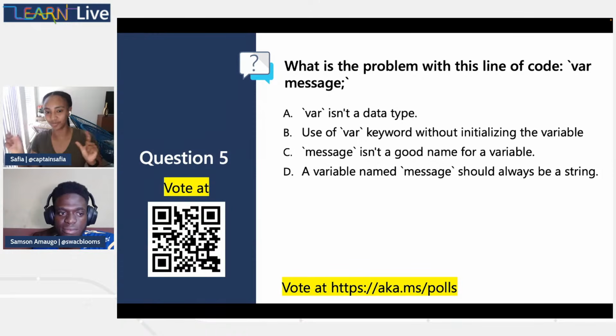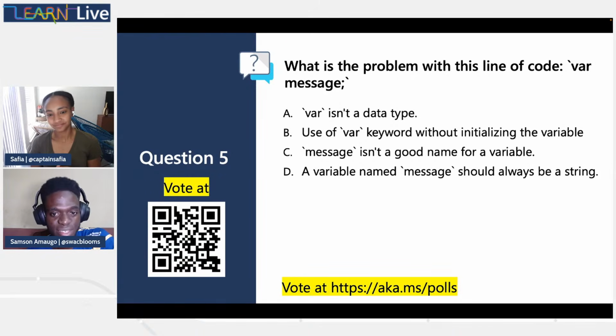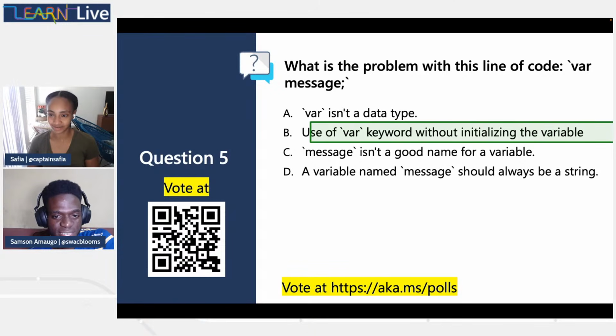Like B is the complete idea here. The var keyword should be used with a variable that's initialized so the compiler can infer the type. C and D can't actually be the answer. Yeah. So I think it's B is the correct and complete.